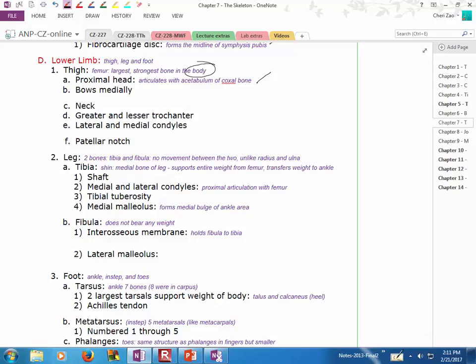And it has a tendency to bow a little bit medially to try and bring the knees more centered to give you a better balance or center of gravity. And this also gives you better balance.